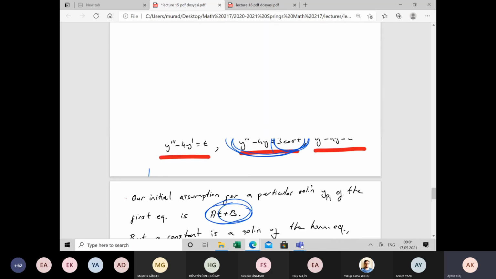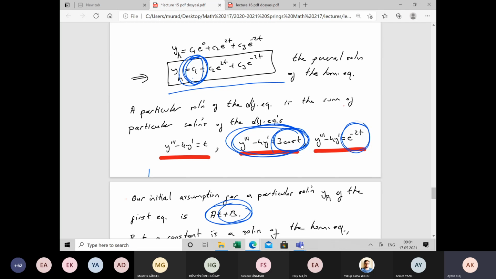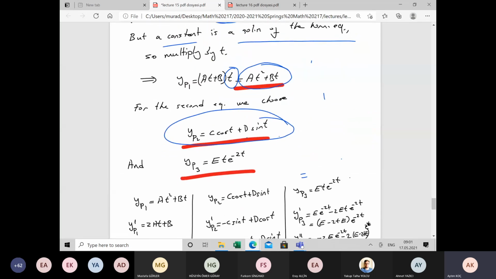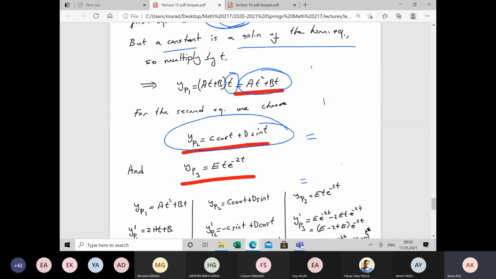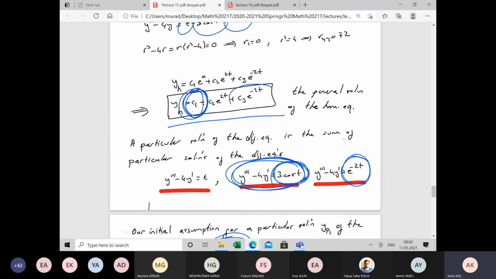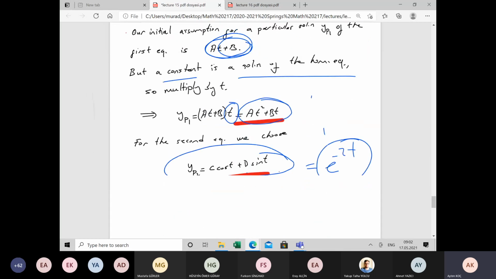And look at the next term, an exponential. The form of the particular solution for the last equation should be a e to the minus 2t, because on the right side is e to the minus 2t. But this one is a solution of the homogeneous part, so multiply by t.